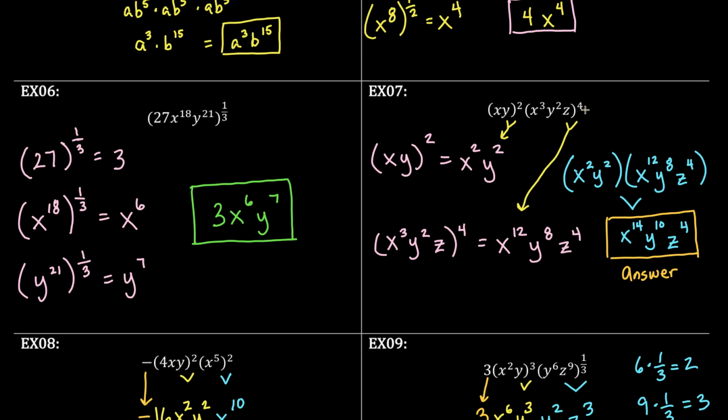So let me show you this. Exponent an exponent, multiplied. Exponent an exponent, multiplied. Exponent a regular number, like a coefficient, you actually have to do the exponent. 27 to the 1/3 power is 3. All right, cool. So I think that's it.